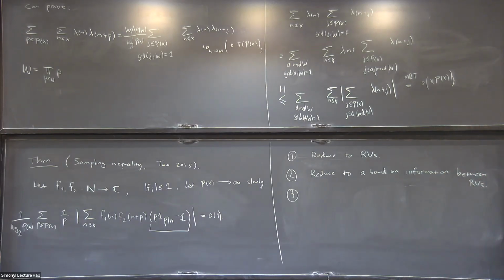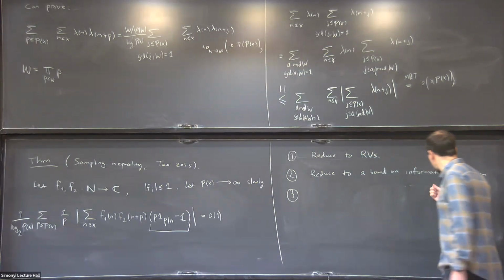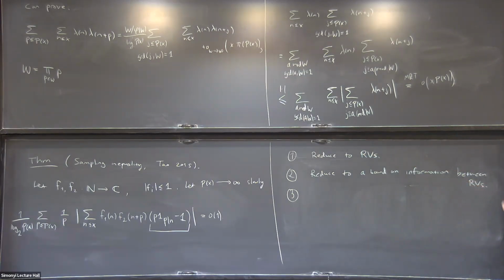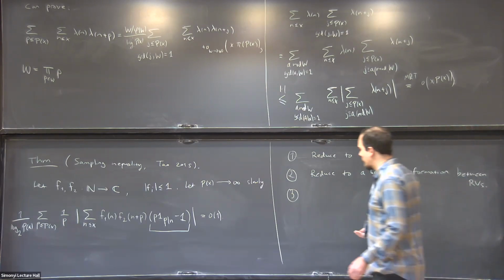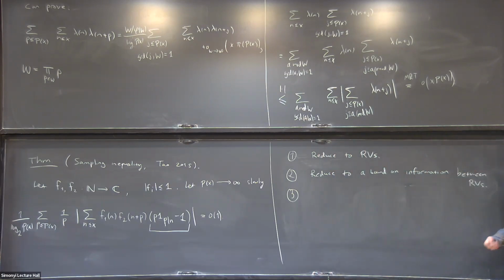So I'll define later what I mean by this. What is the mutual information between 2 random variables? And the third one is to actually prove this information bound, that you have a good bound on the mutual information between 2 random variables. So that's one notion of weak independence of 2 random variables, if the mutual information between them is small.